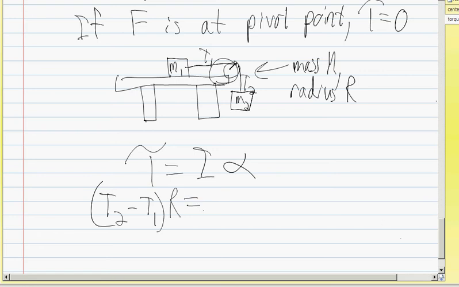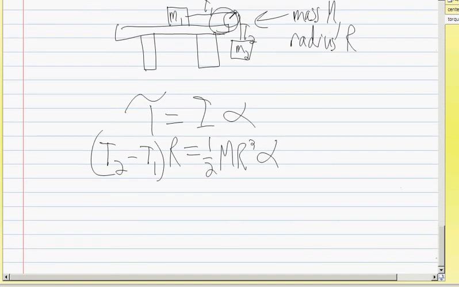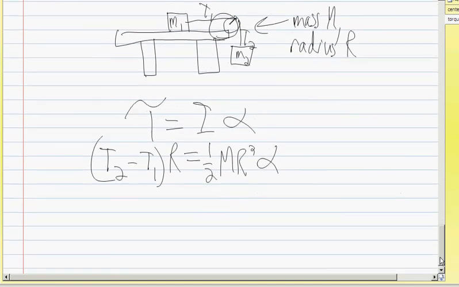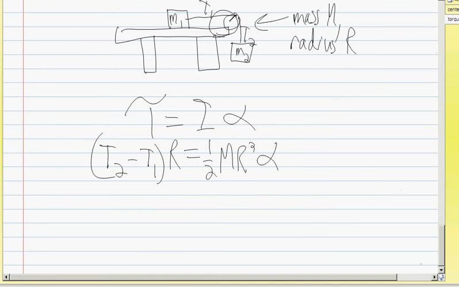It's a solid cylinder, so it'd be 1/2 MR squared times alpha. That seems pretty complicated, but it's not terrible, especially since we know lots of this stuff.